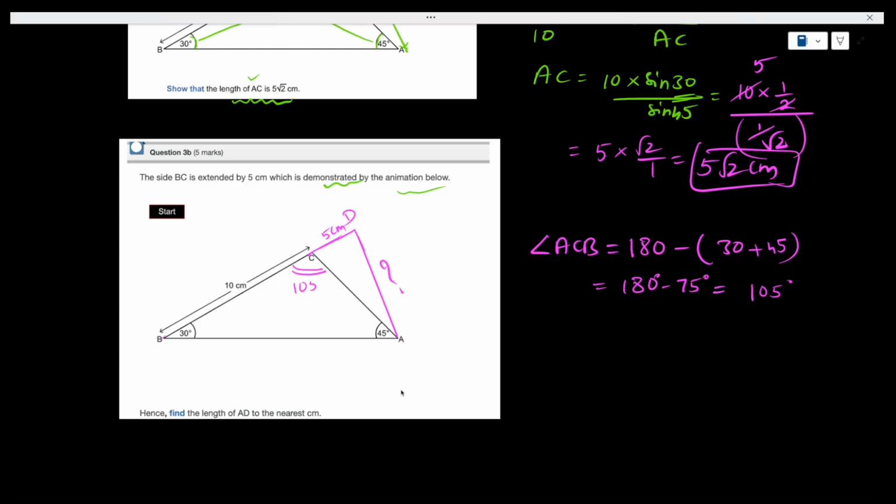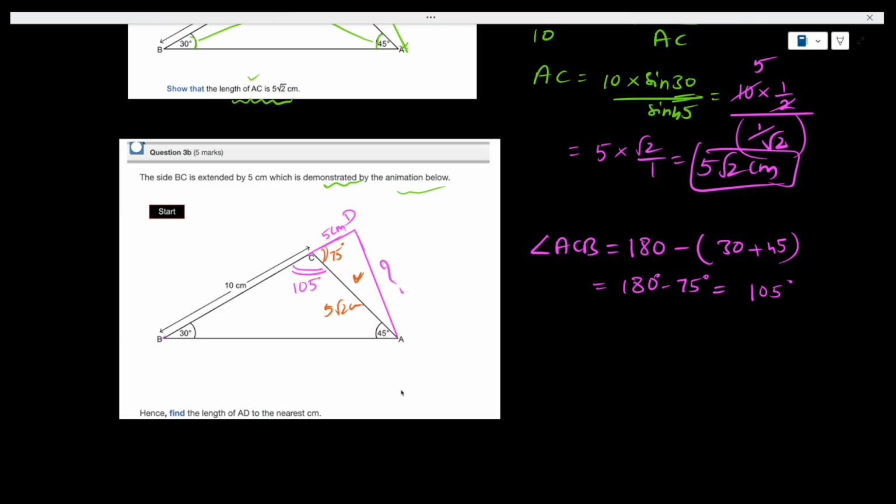So this angle is 105 degrees, and the adjacent angle is going to be 75 degrees. You already got AC length as 5 root 2 centimeter. If I consider this triangle, two sides are known and the included angle is 75 degrees. The opposite side is unknown.